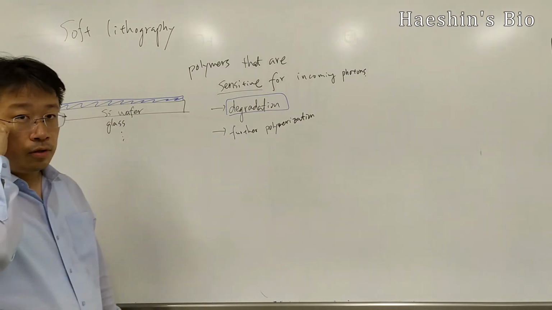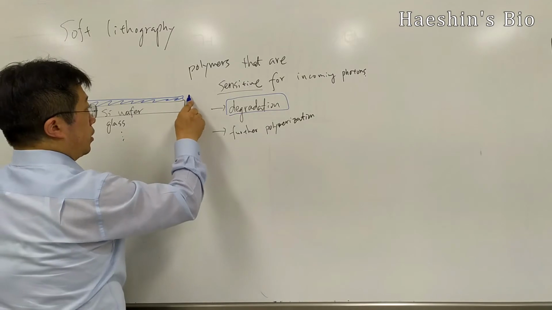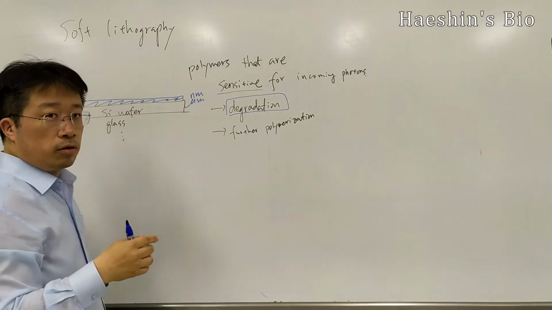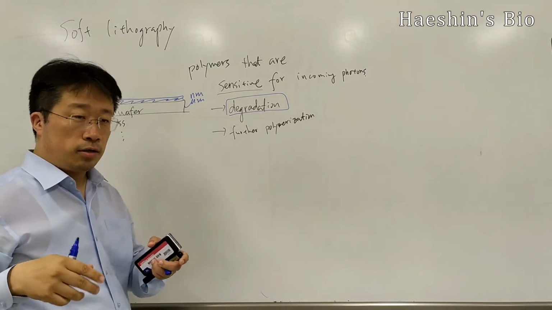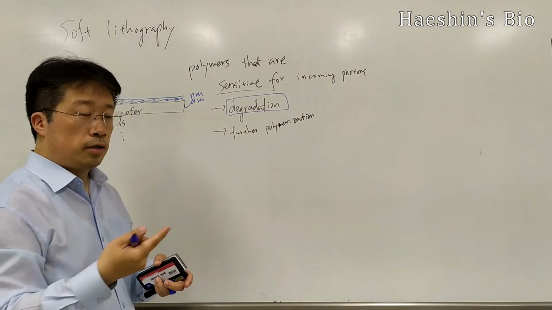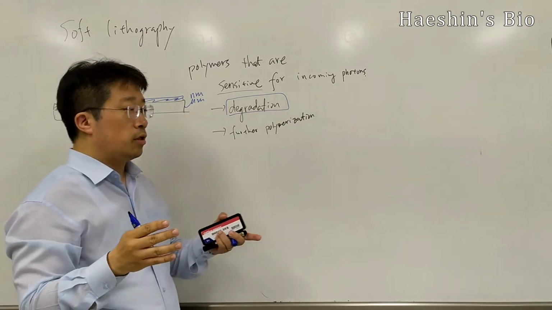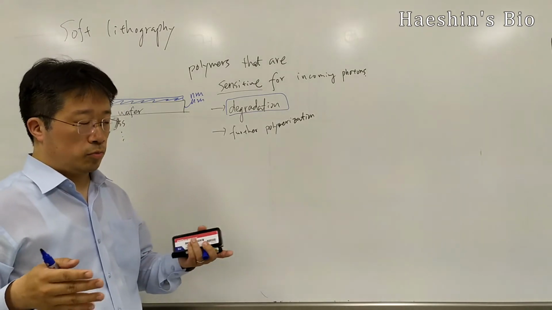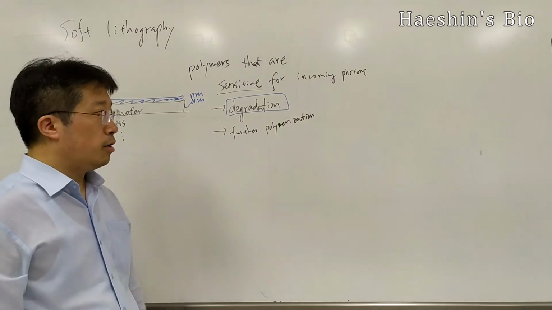Suppose you coat it on surfaces. That can be nanometer scale or micrometer scale, depending on the viscosity of the solution. If it is too thick, then you rotate it with this system, and you get a thick coating. If this polymer solution is relatively low viscosity, nearly similar to water, then you rotate the system and you get very thin layers of the polymer.